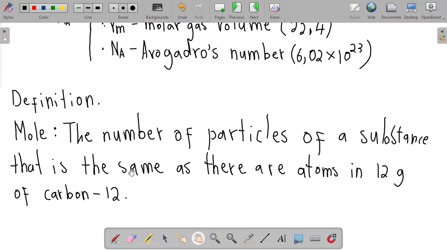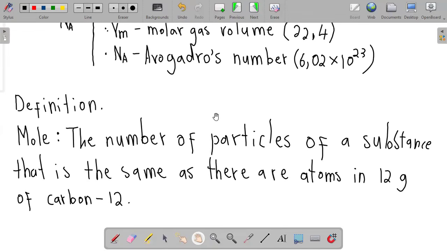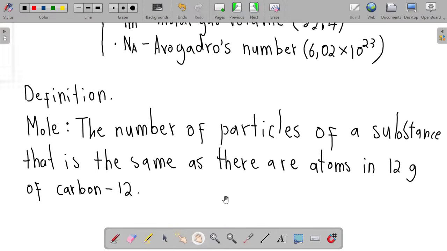So this is the definition of a mole. We use this definition and make reference to carbon 12.